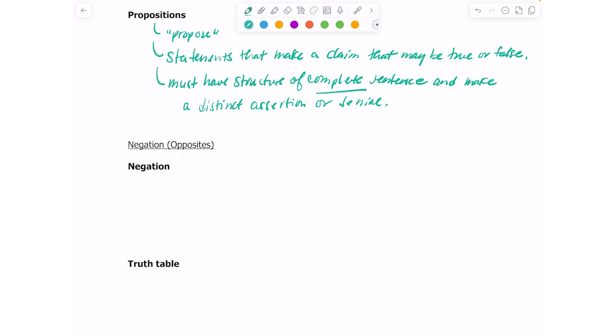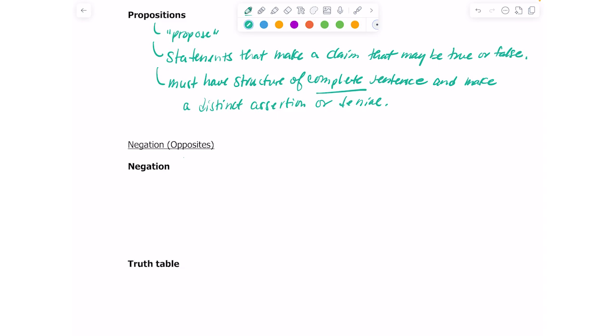It's a complete sentence, and it makes a distinct assertion. If you said something like, when it rains, it pours. Okay, that is a complete sentence, and it makes a distinct assertion. But if you have a sentence that's not complete or an idea that's not complete, then it's not a true proposition.